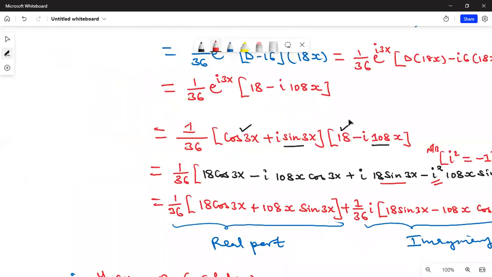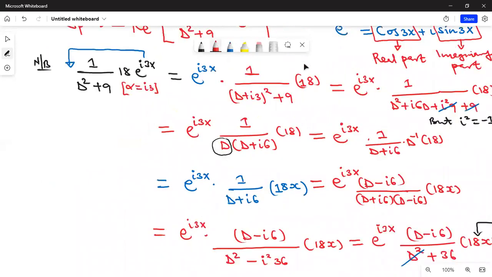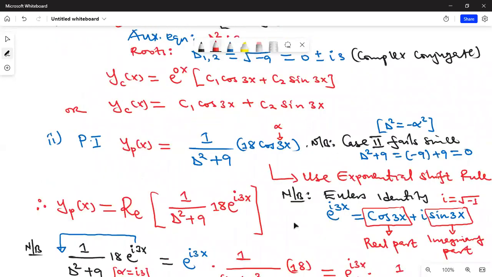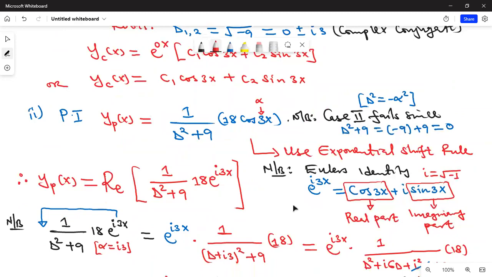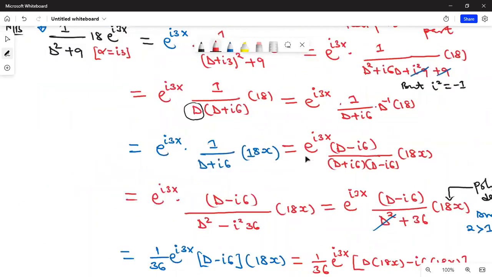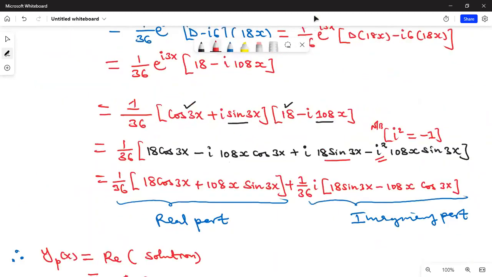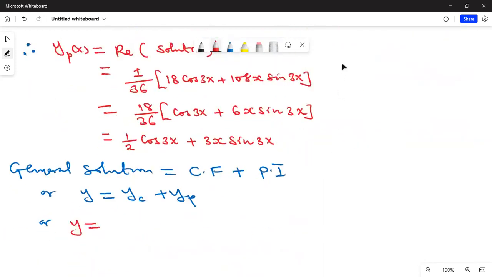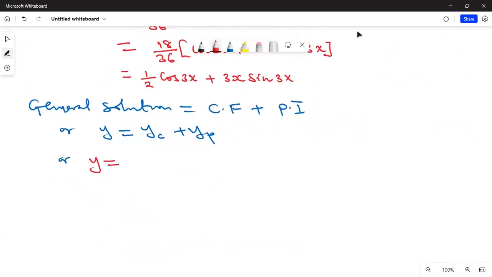You can go back and check. The complementary function, that was c1 cos 3x plus c2 sine 3x. So I'll go back here and replace it. C1 cos 3x plus C2 sine 3x.